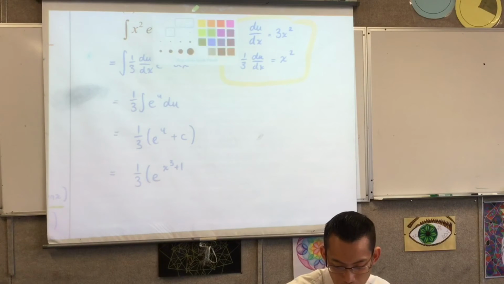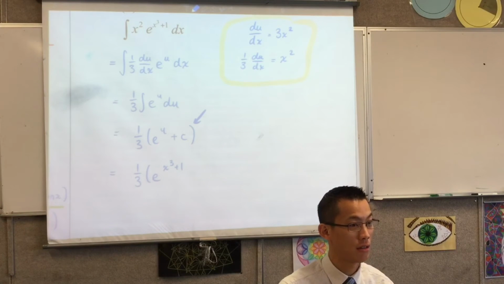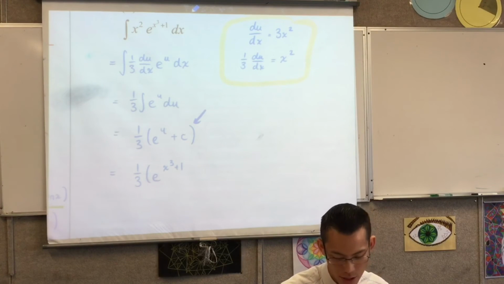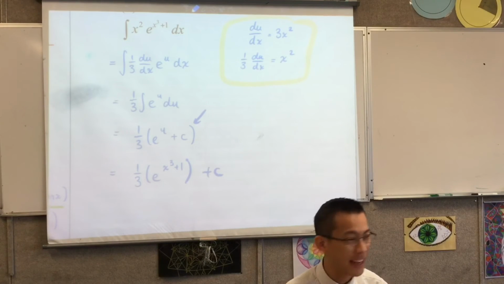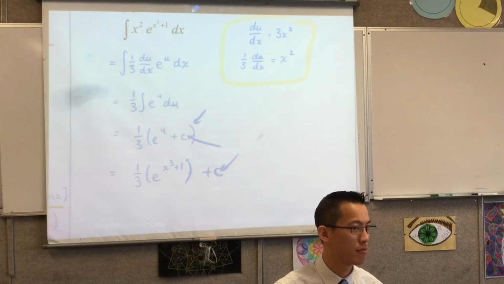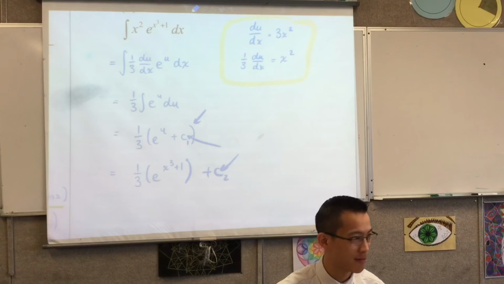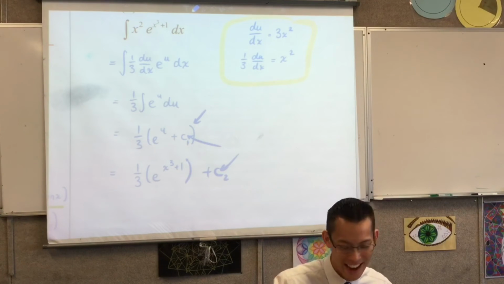At this point I need the constant of integration, and I haven't done my substitution. If I had written it out, these two numbers can't possibly be the same, and so I really should say something like C1, C2, and anybody got time for that? So I just left it inside.